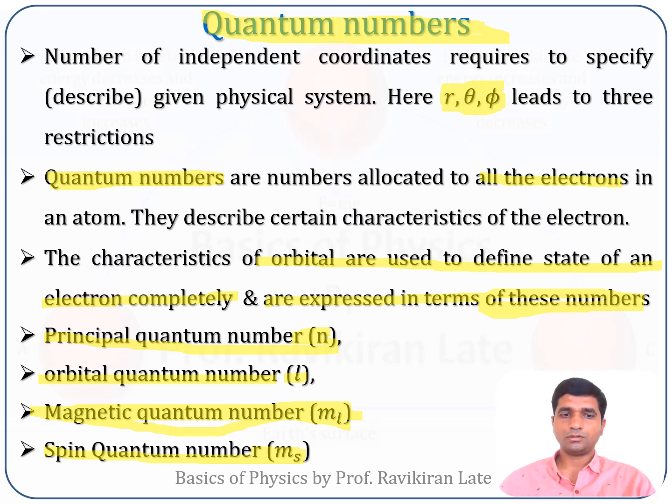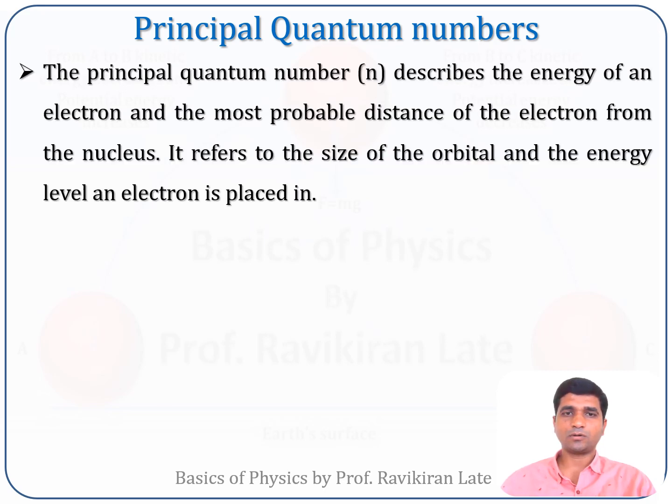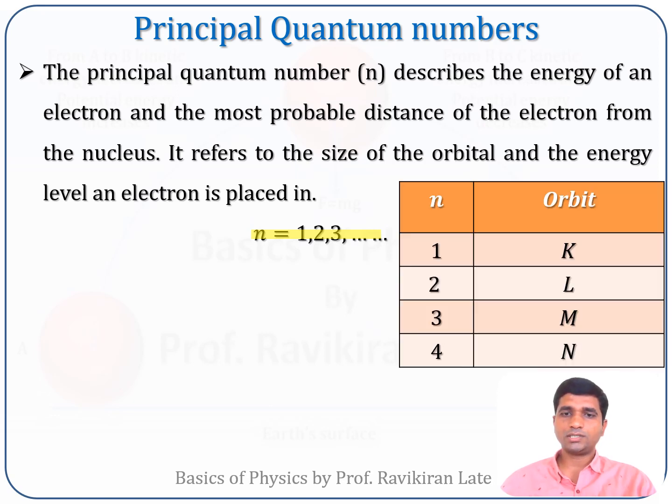Let us consider these quantum numbers in detail one by one. The first quantum number is the principal quantum number. The principal quantum number can take values 1, 2, 3 and so on. Depending upon the value of the principal quantum number, you have a different orbit.